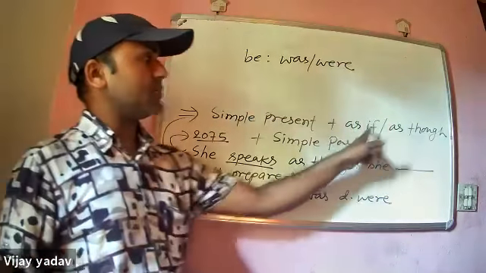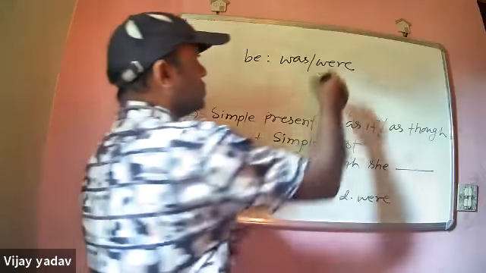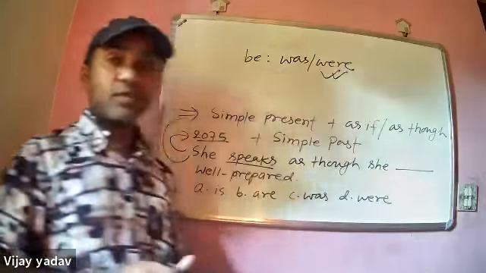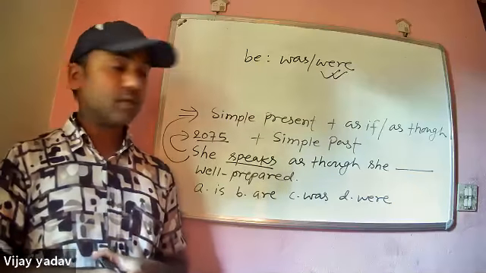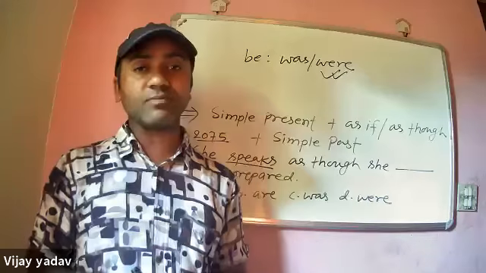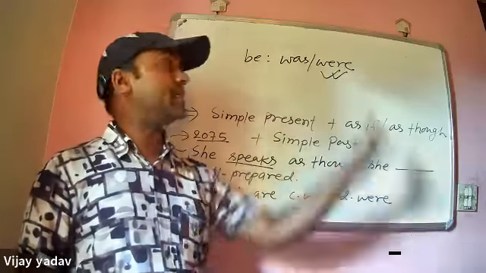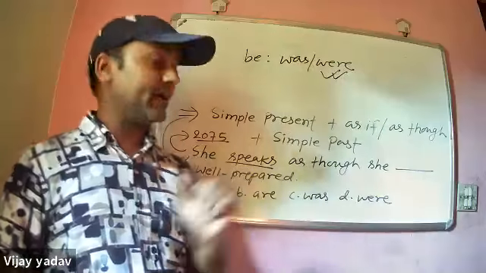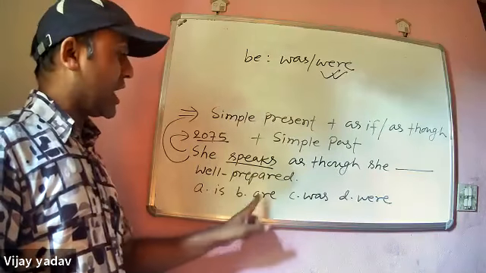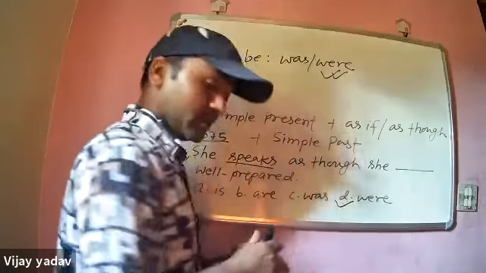So after as if, as though, even with a singular subject, we use were. If the subject is plural, it takes were. But even with a singular subject, we use were. We don't use was; were is most appropriate. So here, is, are, was, were, we select were, right?